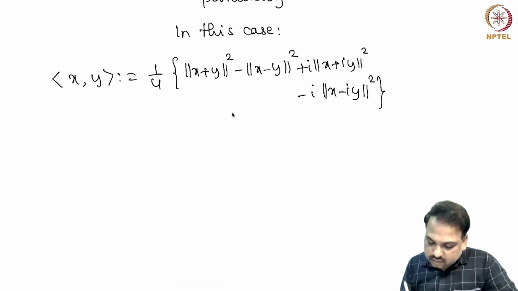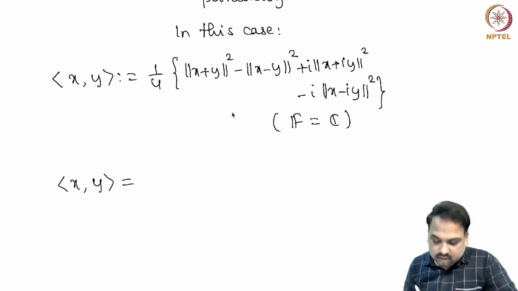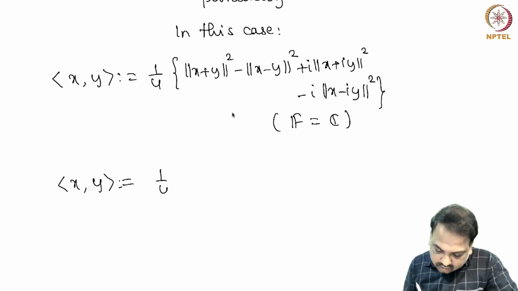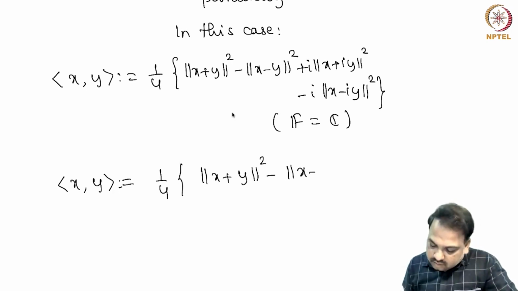So this is when F is a complex field. In the real case, the inner product of X with Y is nothing but 1 by 4 times norm of X plus Y squared minus norm of X minus Y squared.